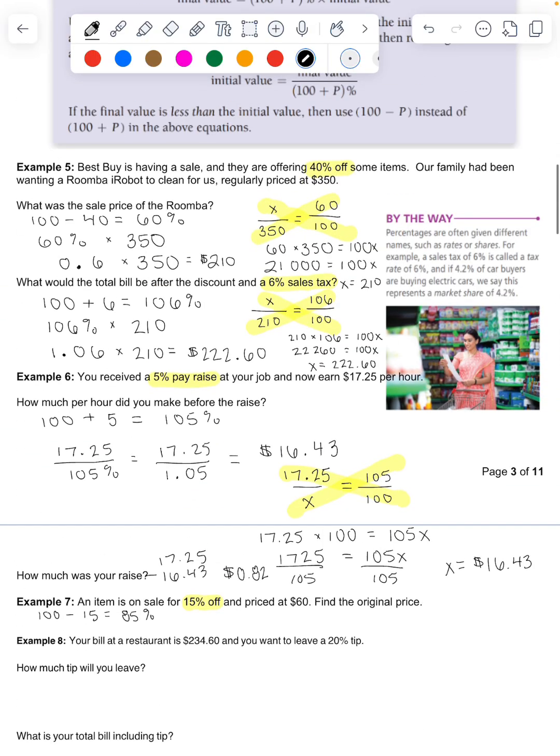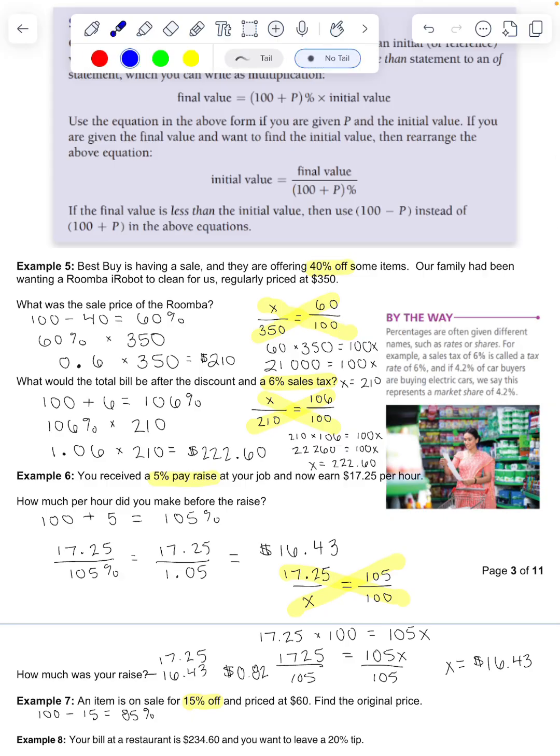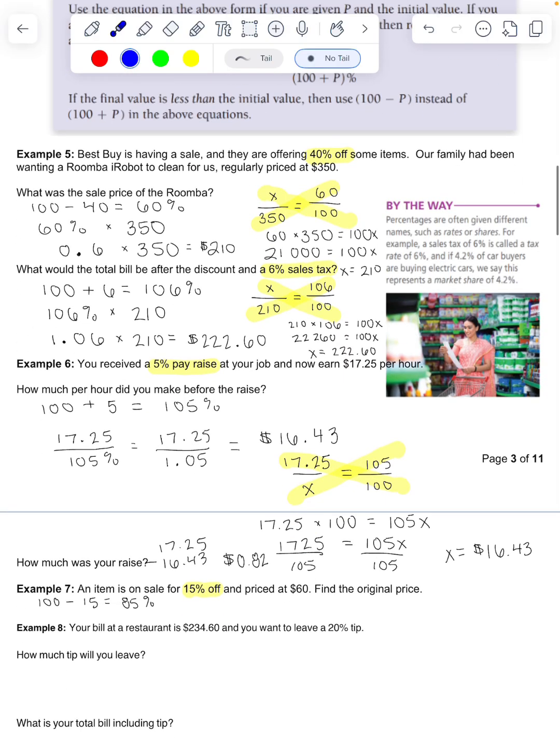So now I'm going to be using this formula to find the original price. The final value, which is the sale price, divided by that 85%. Again, since it's percent off, I'm doing 100 minus 15 instead of 100 plus 15.